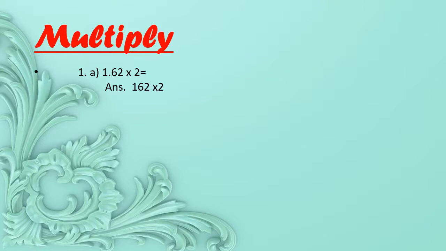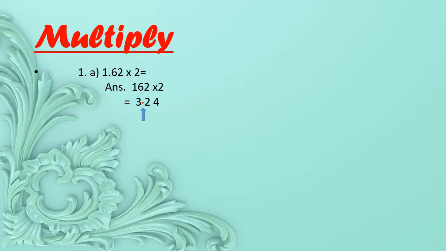Then we will count after the point how many decimal places there are. As you can see, after the point we have two decimal places, 6 and 2. So if our product is 324, we will move from right to left and put the point in between 3 and 2.